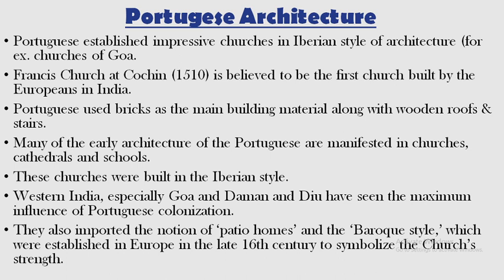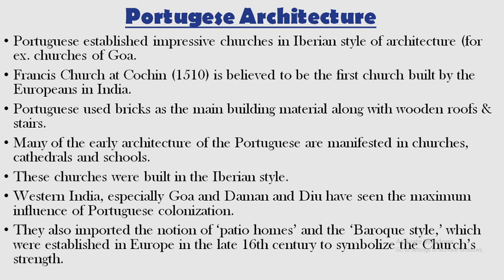So, Portuguese established impressive churches in Iberian style of architecture, for example, the churches of Goa. St. Francis Church at Cochin, built in 1510, is believed to be the first church built by the Europeans in India. The Portuguese used bricks as the main building material along with wooden roofs and stairs.